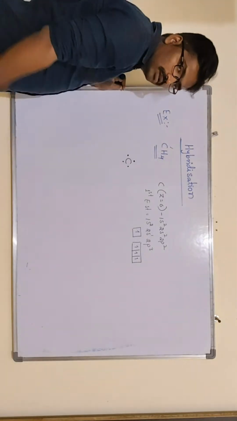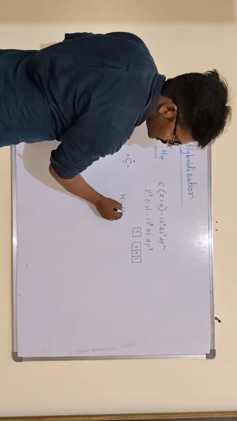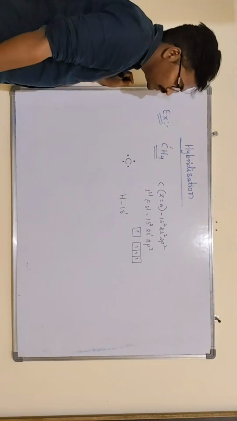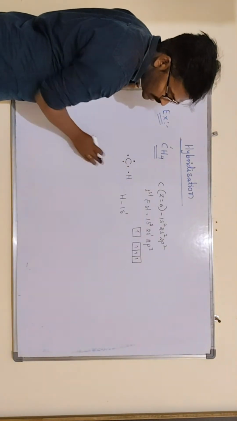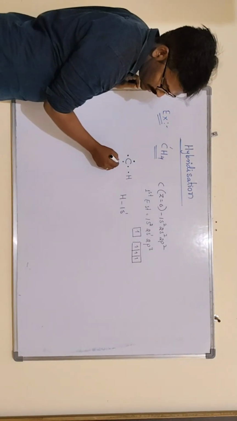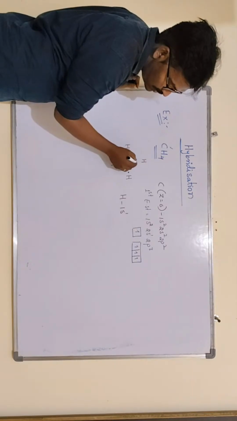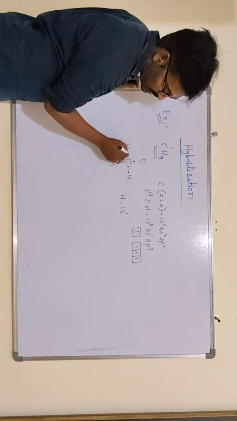Then there are hydrogen atoms. The hydrogen atom electronic configuration is 1s1, so in the s orbital only 1 electron is present. Now these 4 hydrogen atoms surrounding the carbon atom can form bonds by overlapping or sharing of electrons.